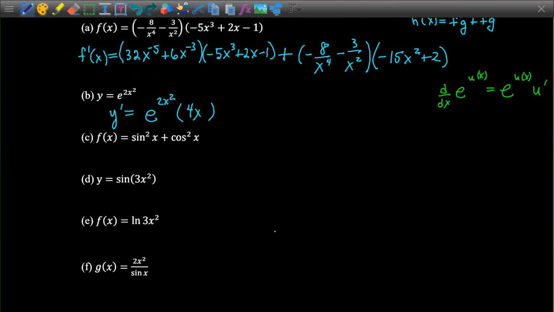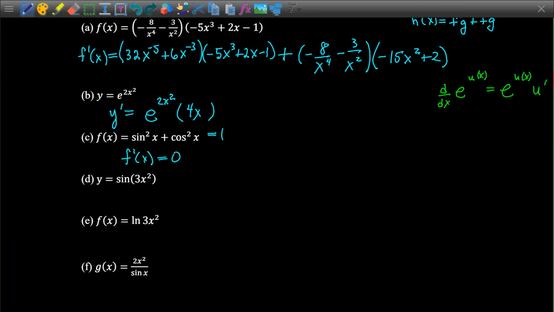For part B, we have the derivative of this exponential. If this was just e to the x, then the derivative would be e to the x. But we have e to a function, let's call it function u.